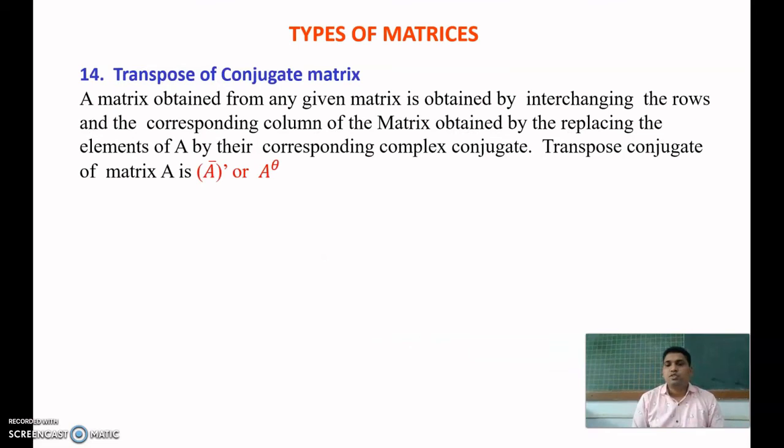Next, transpose of the conjugate matrix. The transpose of the conjugate matrix is denoted by A superscript theta, or we can write A bar with a quote on it. These are the symbols of the transpose of the conjugate matrix. How can we find it?